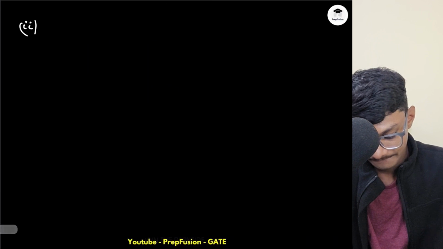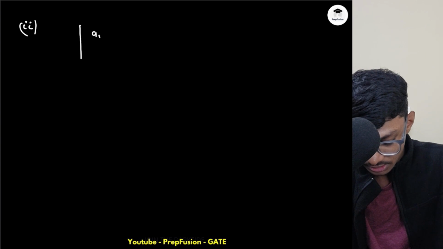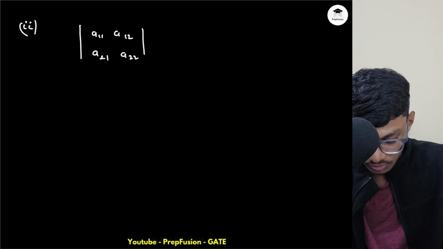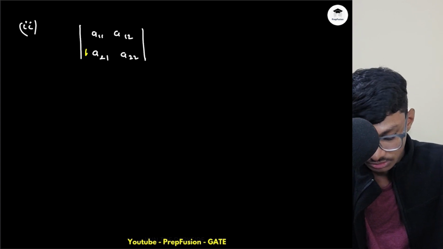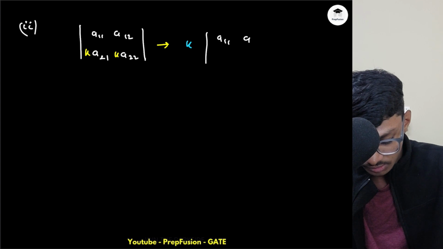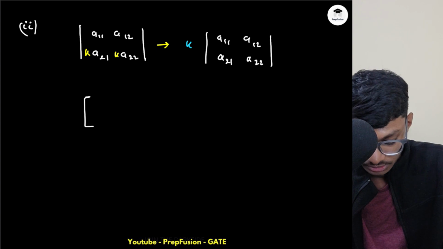So basically with a determinant, let's say I have a11, a12, a21 and a22, which we have already proven. Let's say this is k. I can take k common over here, and this will still be a12, a21 and a22. So I can do this, but with a matrix I won't be able to do it, right?